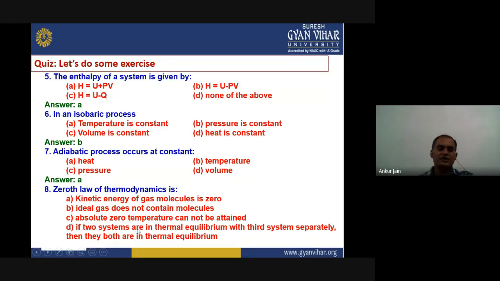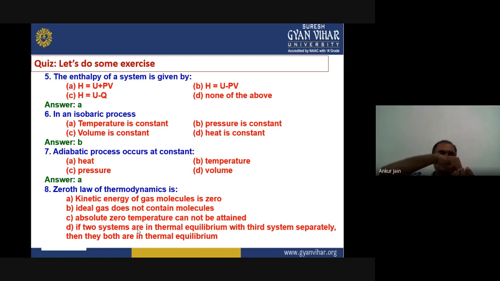According to 0th law of thermodynamics, if two systems are separately in thermal equilibrium with the third system, then these two systems should also be in thermal equilibrium. We have seen the example of two boiling water cups and the thermometer.